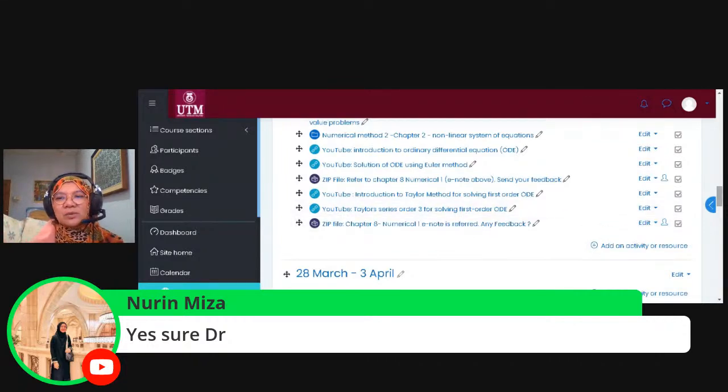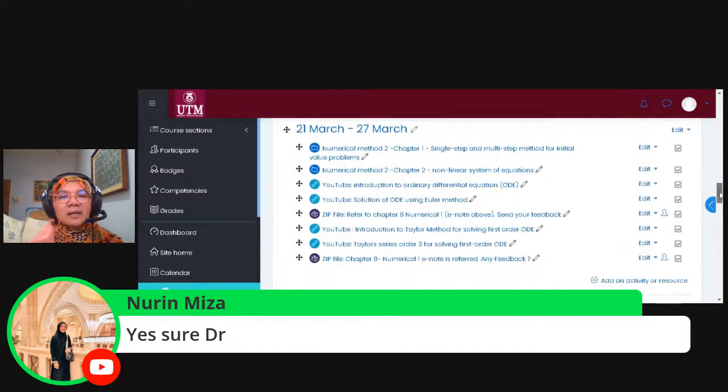So let's go to numerical 2, but we are going to use Euler method, Taylor methods, and Runge-Kutta, all the four, for solving the first order ordinary differential equation. I hope you can join together with me.